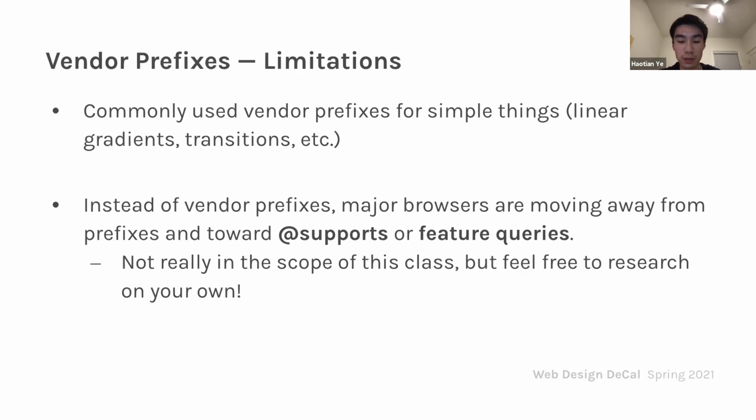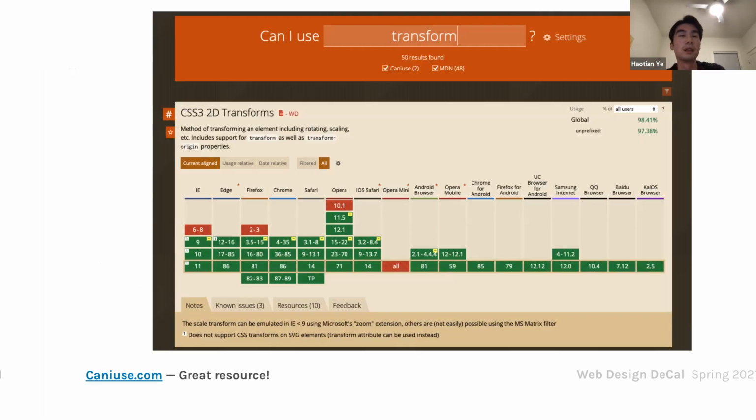It's a special syntax, but it looks into whether something is supported, and if so, we do these kinds of optimizations so that it looks correct across all screens. So feel free to look up @supports feature queries on your own time, but it's not covered in this class. We'll be going over something different in the programming section.